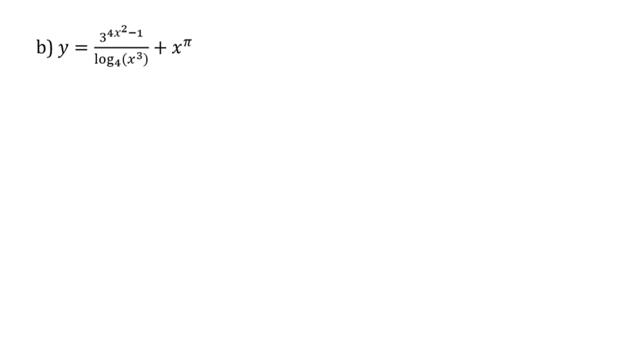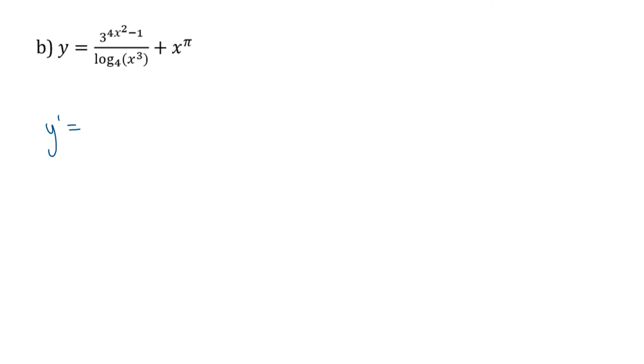And we've got one more, and this one looks like quotient rule, and it looks like it's the one where we have not a base of e. Okay, not a base of e. So y prime equals derivative of the top times the bottom minus derivative of the bottom times the top all over the bottom squared.